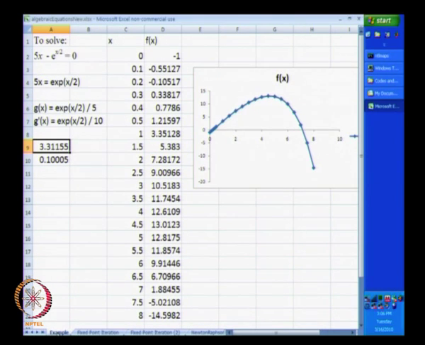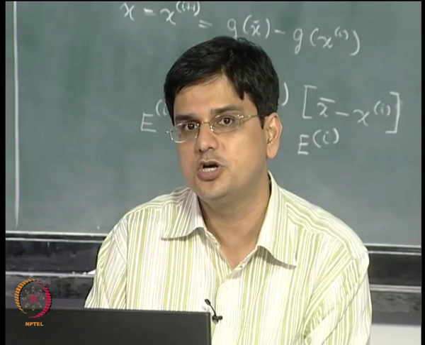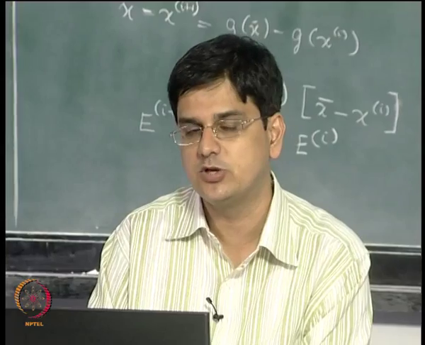What it really means is that the absolute value of g prime of x lying between -1 and +1 is a sufficient condition for convergence, but it is not a necessary condition. So if g dash of x lies between -1 and +1, we know for sure that this method is going to converge.